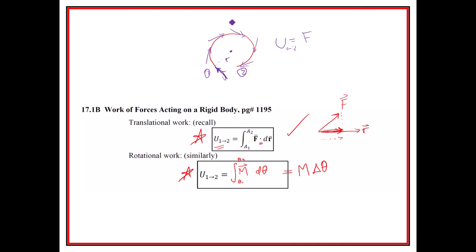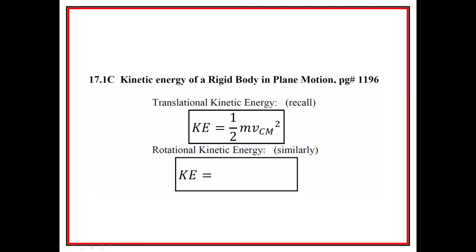So that arc length starting at 1 and going to 2 is going to be r delta theta. That's a constant force moving along this arc. Well, we also know that that force times that distance is also a moment. So it ends up being really the same thing on one level, or it can be demonstrated that we're looking at the same thing.